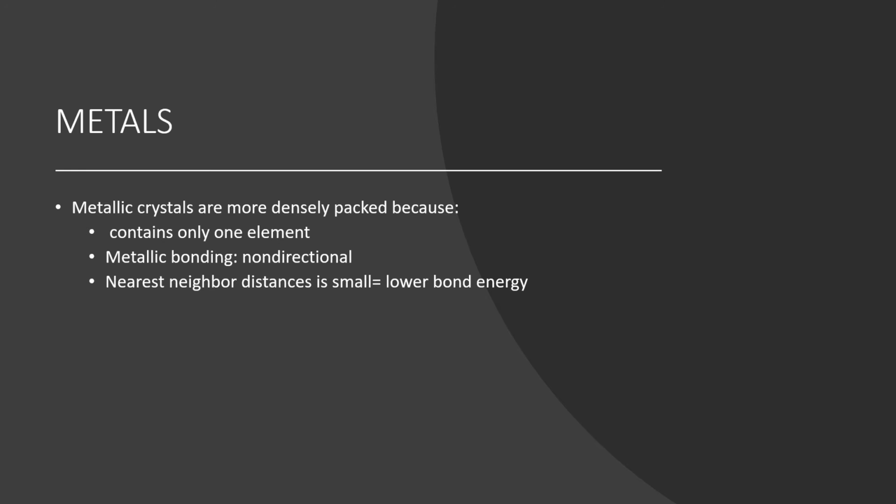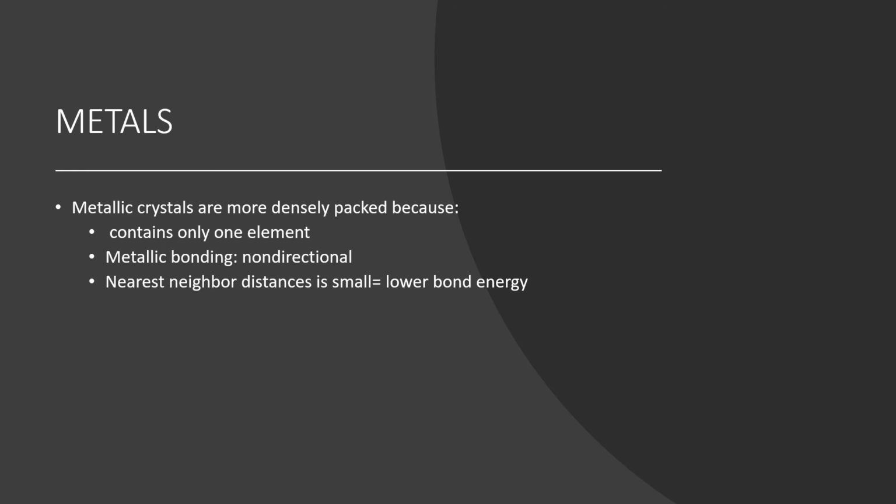Now, metallic crystals are much more densely packed than ceramic crystals because they only contain one element. The ceramic crystals have cations and anions, and for that, they also have ionic bonding, which is directional.